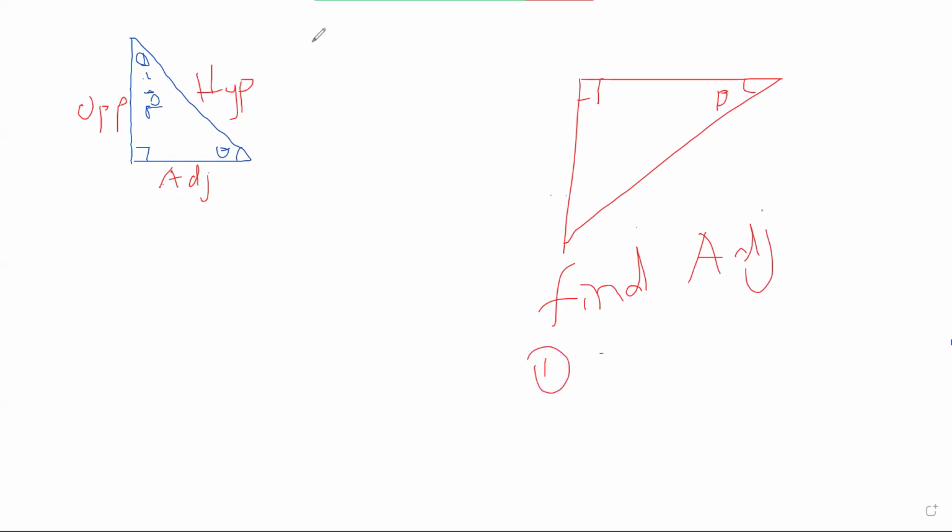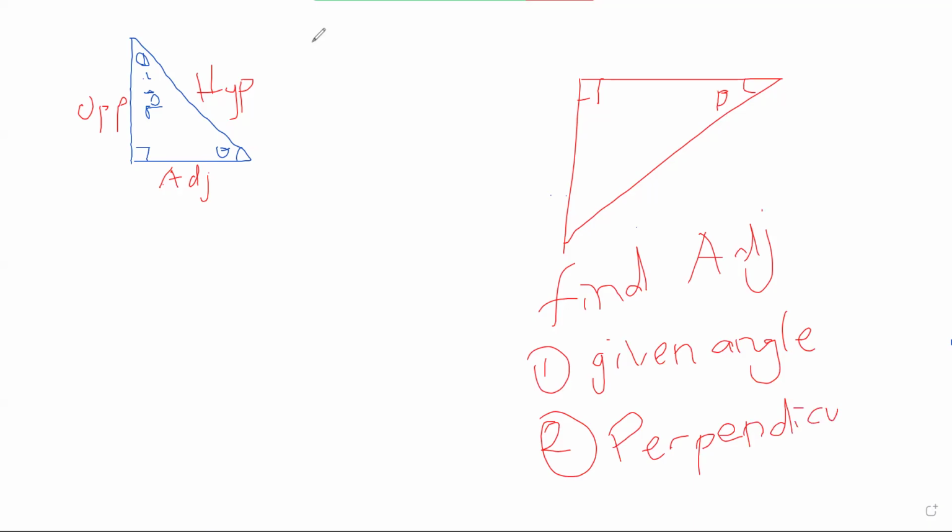Number one is your given angle, and number two is your perpendicular. These are the two conditions. So whatever line any of these rests on is going to be your adjacent side. I hope that is clear to us.